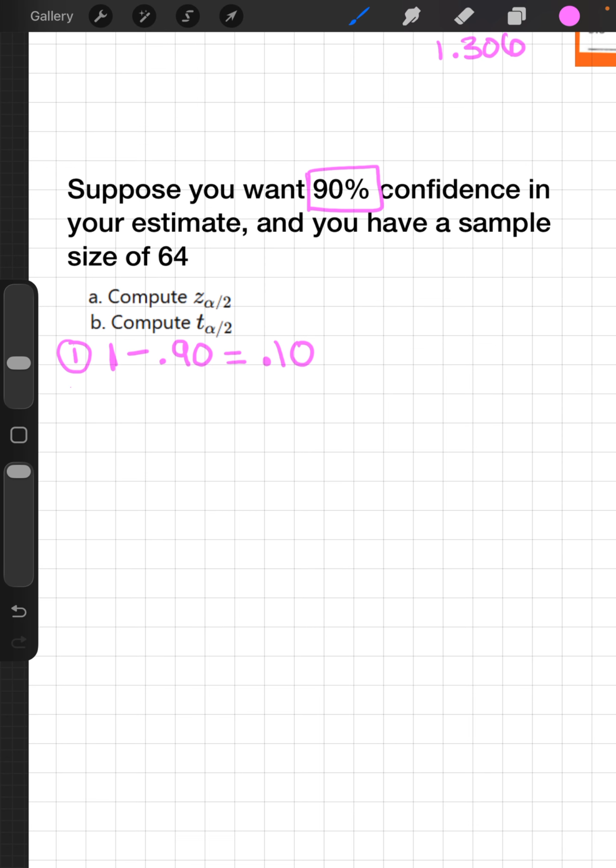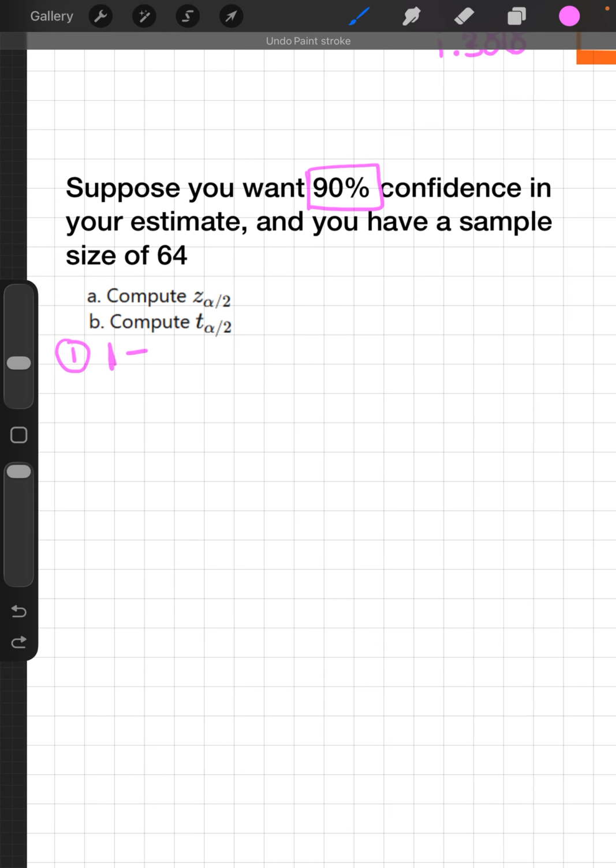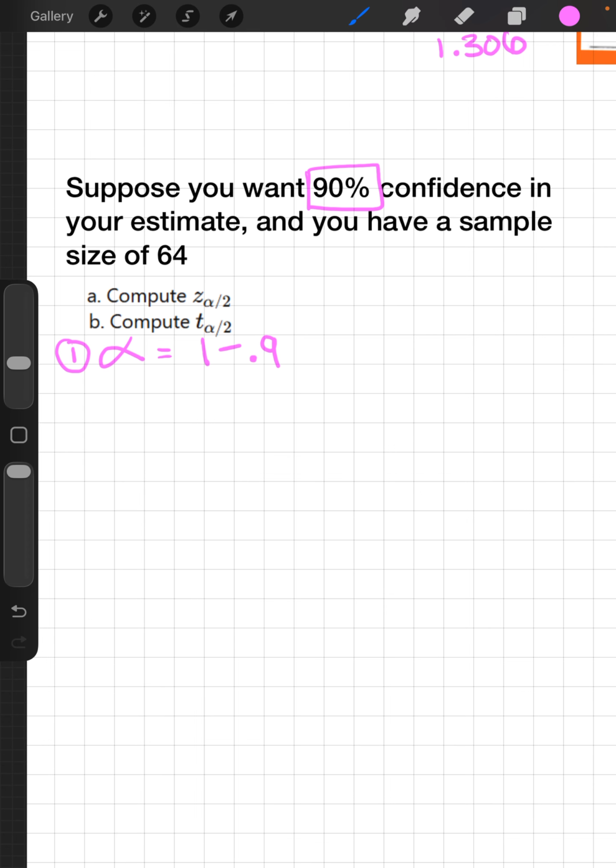Let me do that. 1 minus 0.90 is equal to 0.10. Two is going to be alpha divided by 2, which is going to be 0.10 divided by 2.